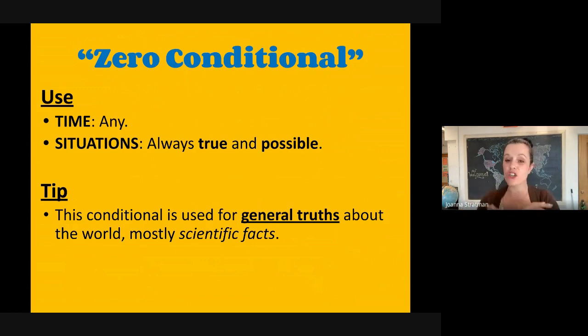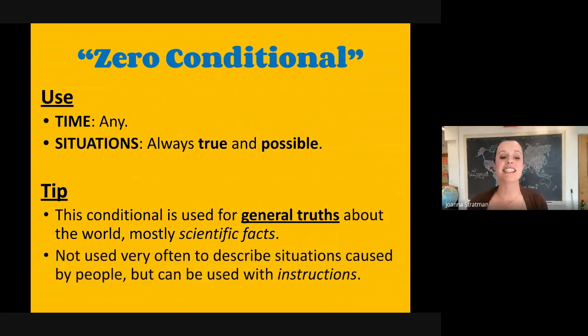So, this conditional is often used for general truths, but it's not used very often to describe situations caused by people because people are not often so predictable. If one event happens, 5 people will react in 5 different ways.